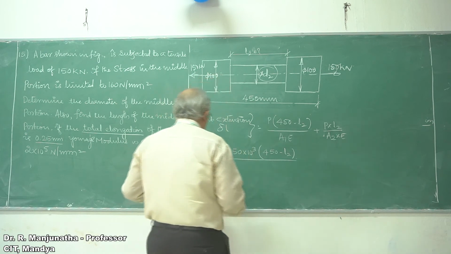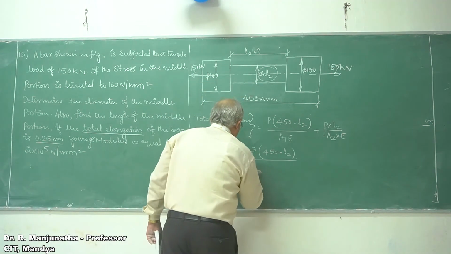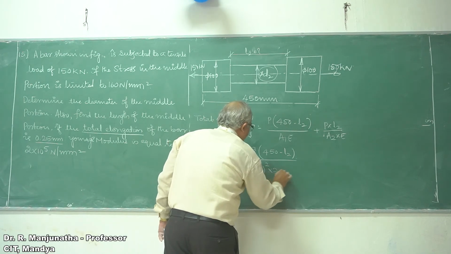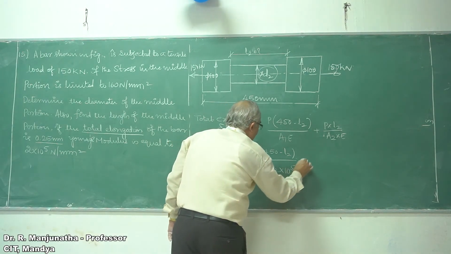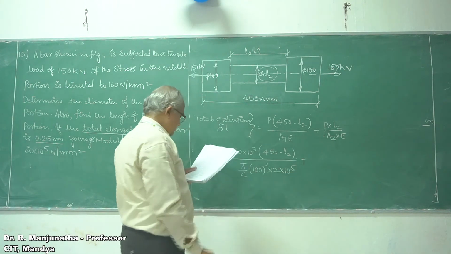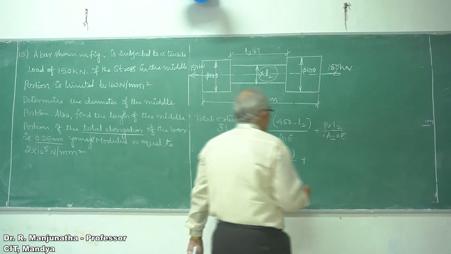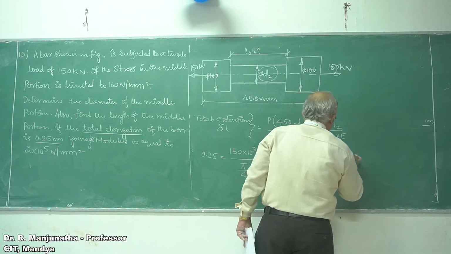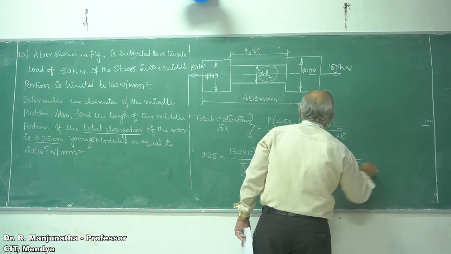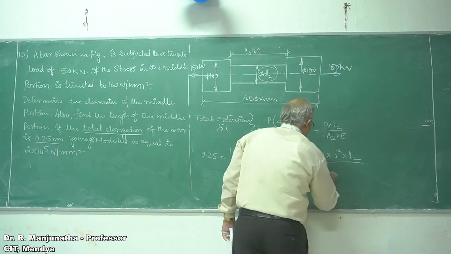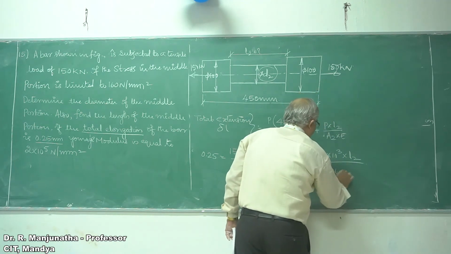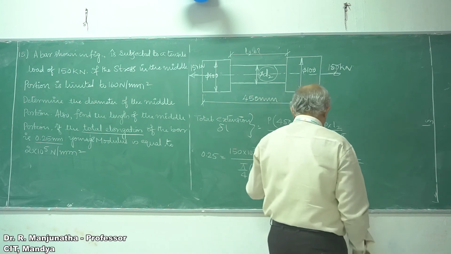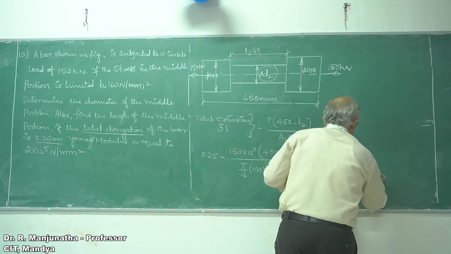Area 1 is pi by 4 into the diameter 100 squared, into E, 2 into 10 to the power of 5, plus 150 into 10 to the power of 3 into L2 by A2, that is pi by 4 into 34.55 the whole squared, into 2 into 10 to the power of 5.